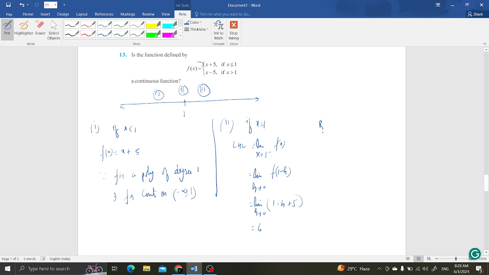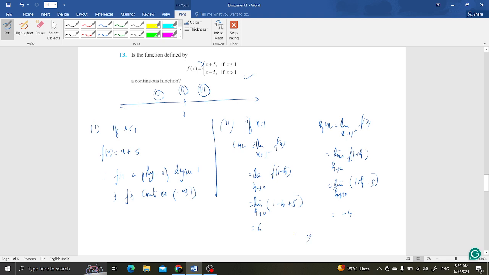Now we have the RHL, limit x tends to 1 positive, f of x, which is limit h tends to 0, f of 1 plus h. 1 plus h is found by the second branch: 1 plus h minus 5. So 1 minus 5 is minus 4 after applying the limit.